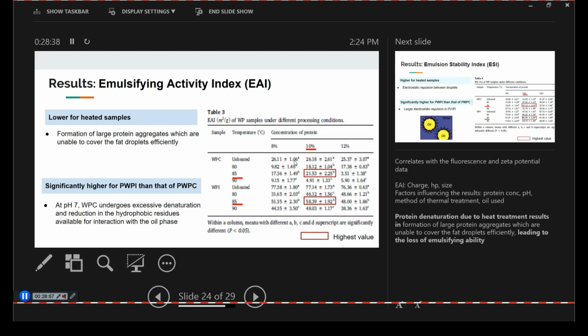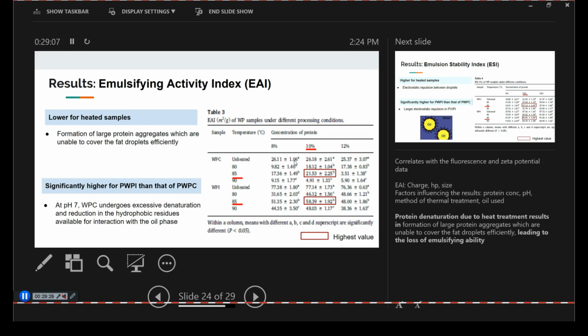That could be it, but again, can we trust this is the correct data? Second, they didn't really do a good job explaining it. If you compare across the table from 10% to 12%, WPC 85: for 10% it is around 21, but for 12% it is around 3%, and then it goes up to 5.9.